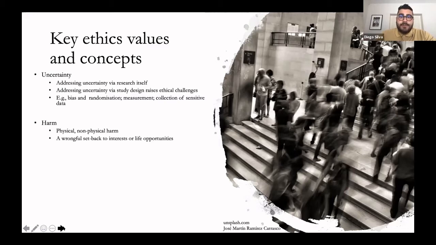The next concept that we really want to think about briefly is this idea of harm. Harm can obviously be physical, but oftentimes in the context of research, we're interested in non-physical harm. And again, for those of us who do a lot of qualitative research or survey research, we're interested in the emotional issues that might arise when you interview somebody with a particular lived experience, right?